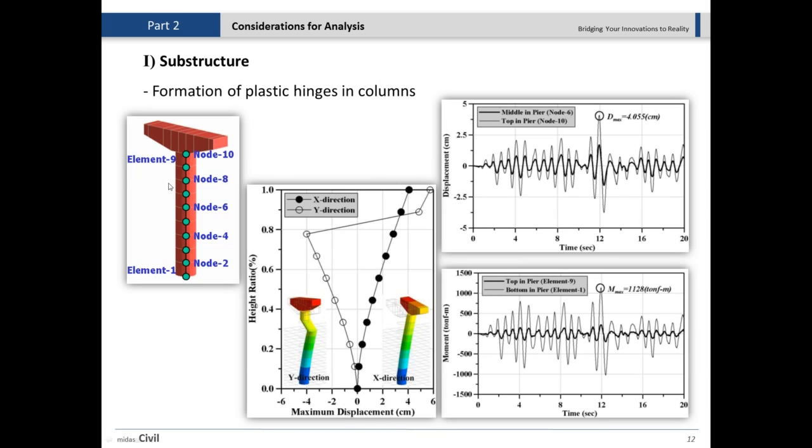If you are using software like MIDAS, you can simply define and generate those moment curvatures, which we're going to talk about on the next slide, and then assign them to different parts of the column. It depends on how the connection of the column might be, so you may have different parts for the plastic hinge, but more than 90% of the time we just apply the plastic hinges to the bottom of the column, because that's the highest possibility for the formation of plastic hinges from simple structural analysis.